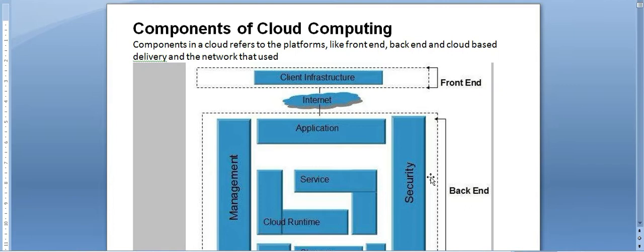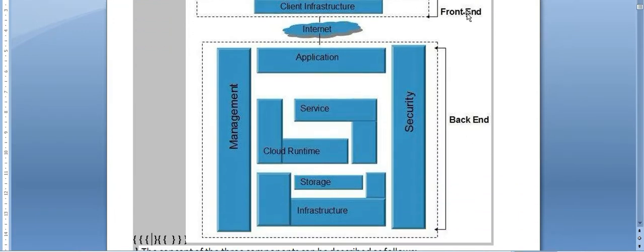So here, in this client infrastructure, that is the front end, and this is the back end. You see application, service, cloud runtime, storage, infrastructure, management, security, which are provided in the back end.